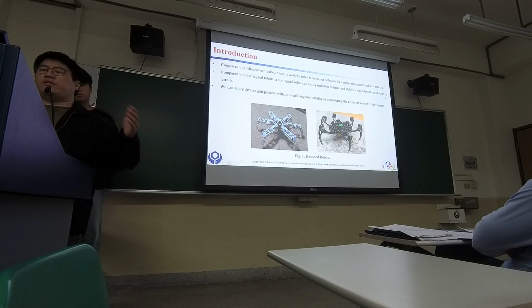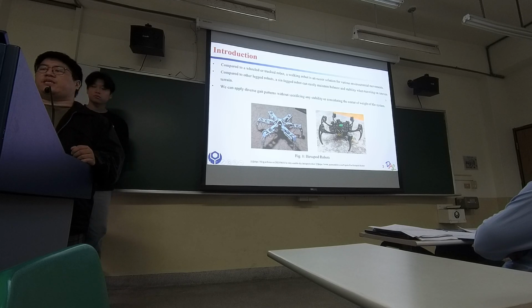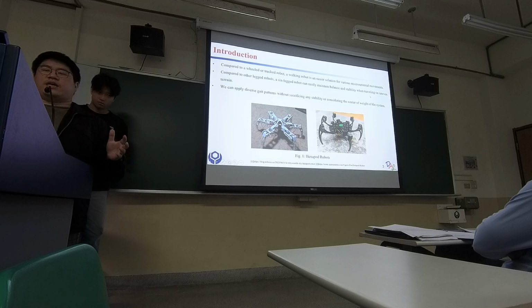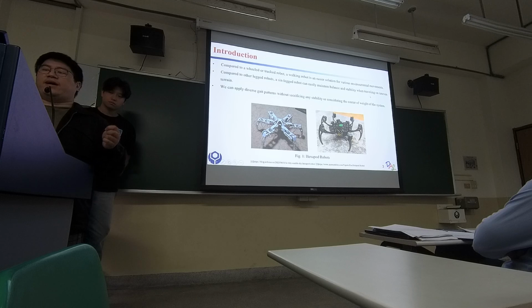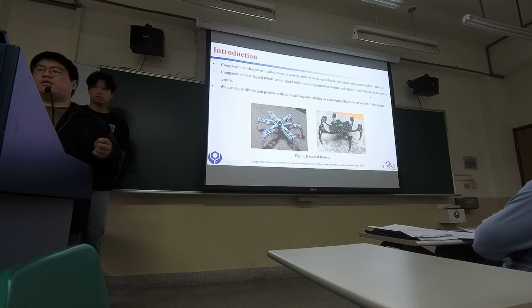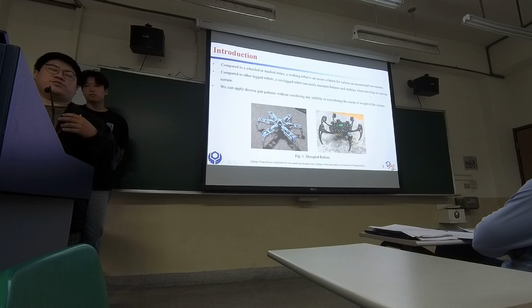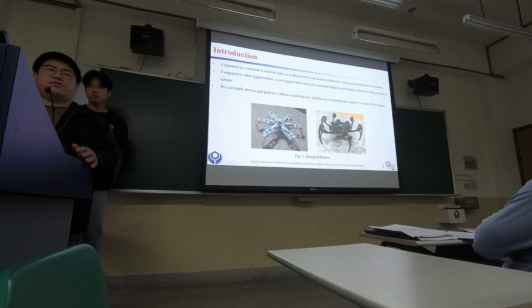And compared to other leg robots, a 6-leg robot can easily maintain balance and stability while traveling on uneven terrain. Third, we can apply diverse gait patterns without sacrificing any stability, and we don't need to consider the center of weight of the system during uneven terrain.